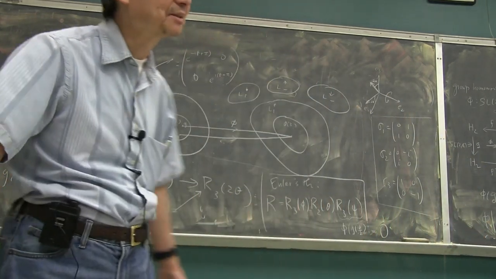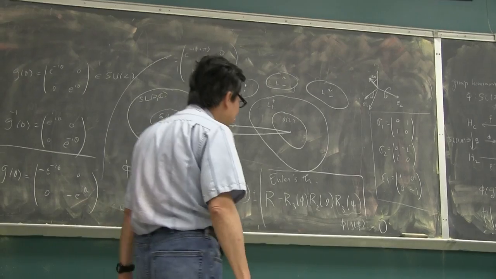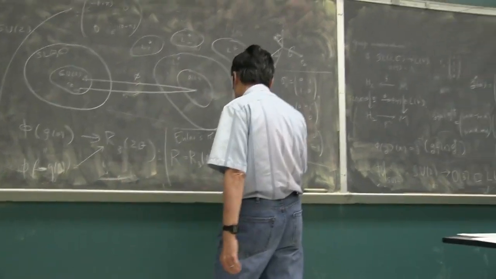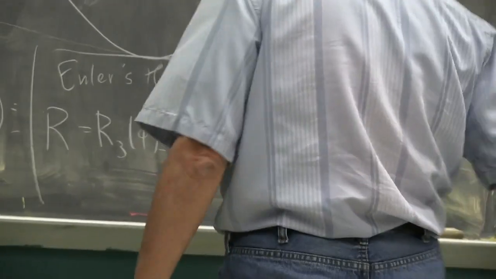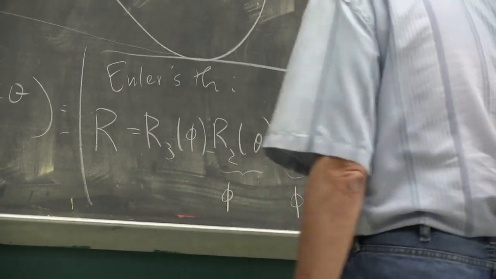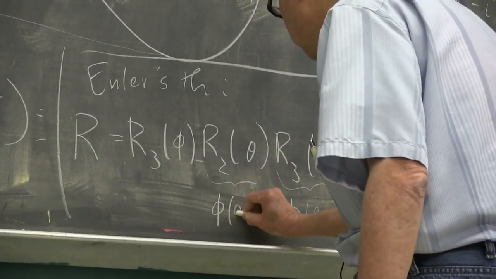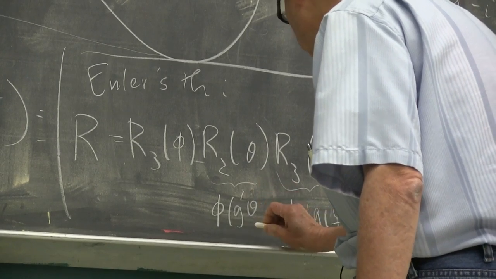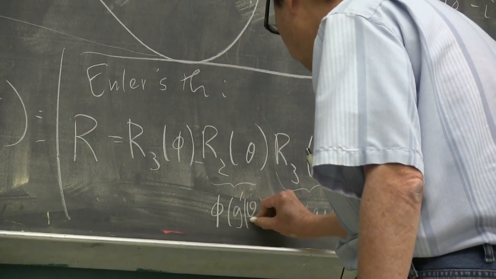You see how it goes? And this must be the rotation about the second axis, it's the image of G prime of theta over 2.